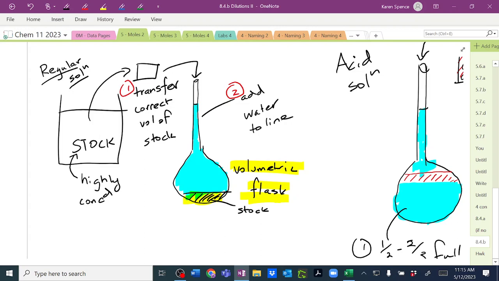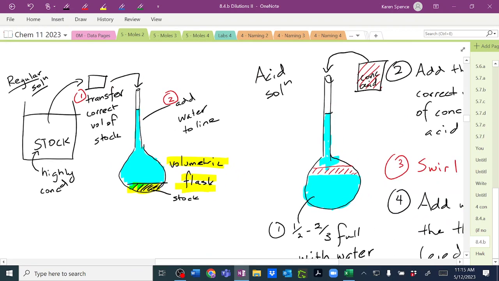Why don't you guys take 1-2 minutes to make beautiful drawings just like mine that show how you make a solution from scratch, starting with solid. Okay?